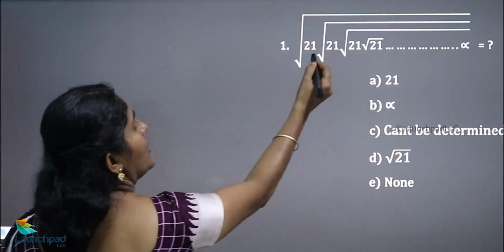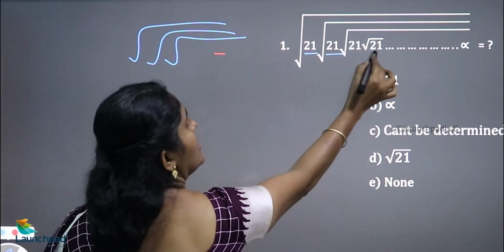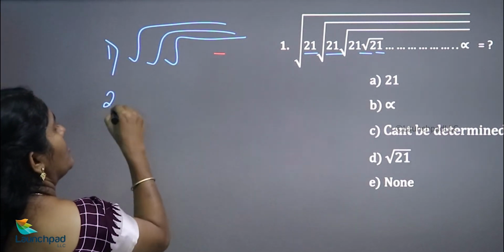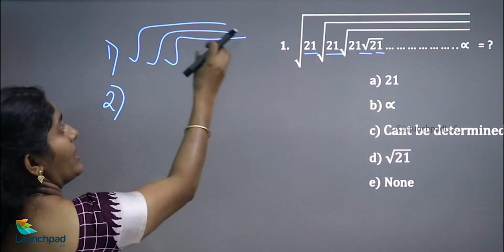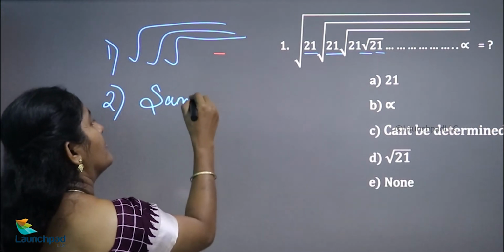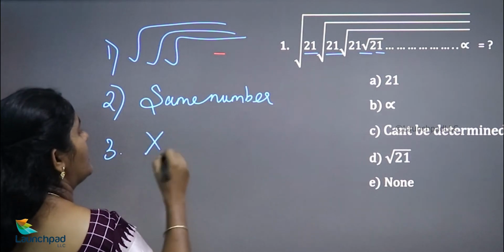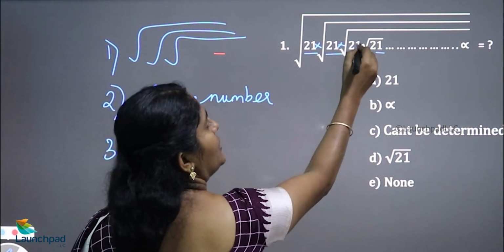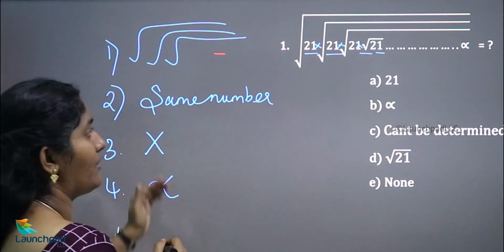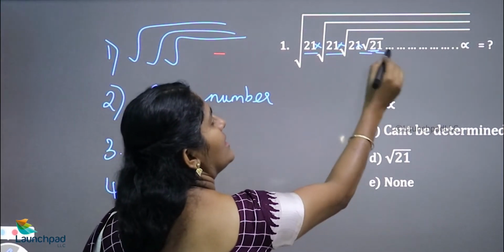Listen. In the square root, we have the same numbers, with inner square roots, and a multiplication operation and the infinity symbol. If these come in our question, you can directly take this 21 as your answer.